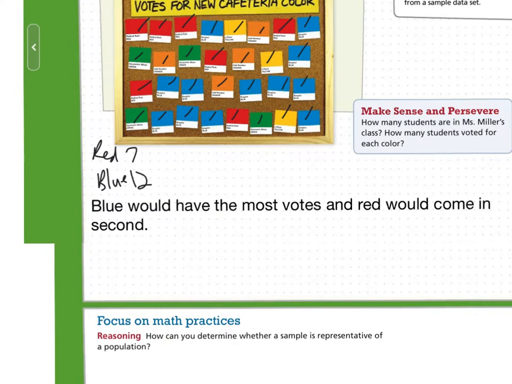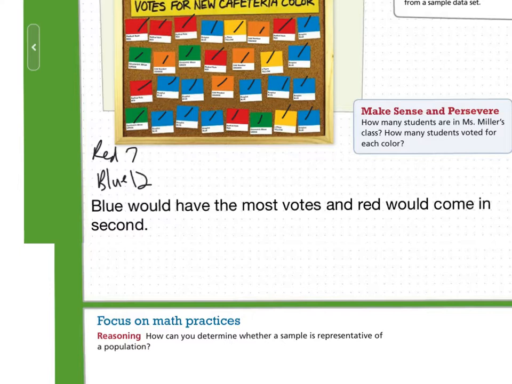One thing about it though, if we think back to what we did in the previous section, we talked about whether we have a good, representative sample. If you count up all those, there's actually 30 students that voted.